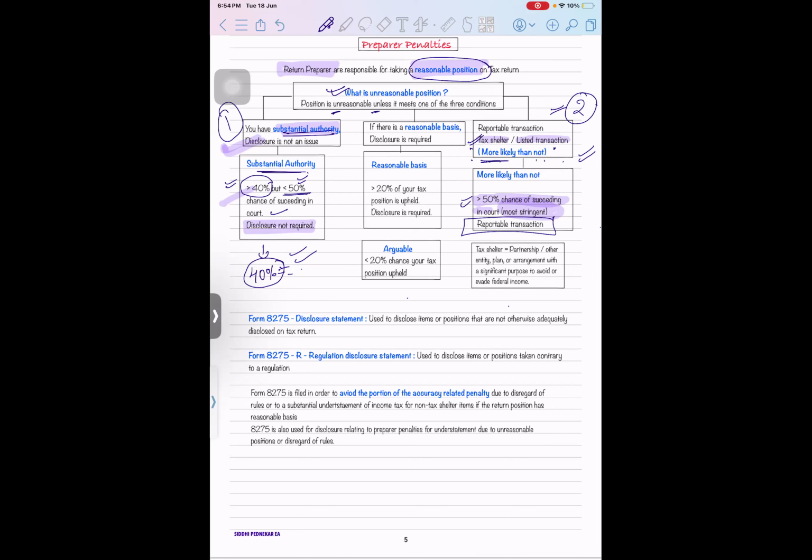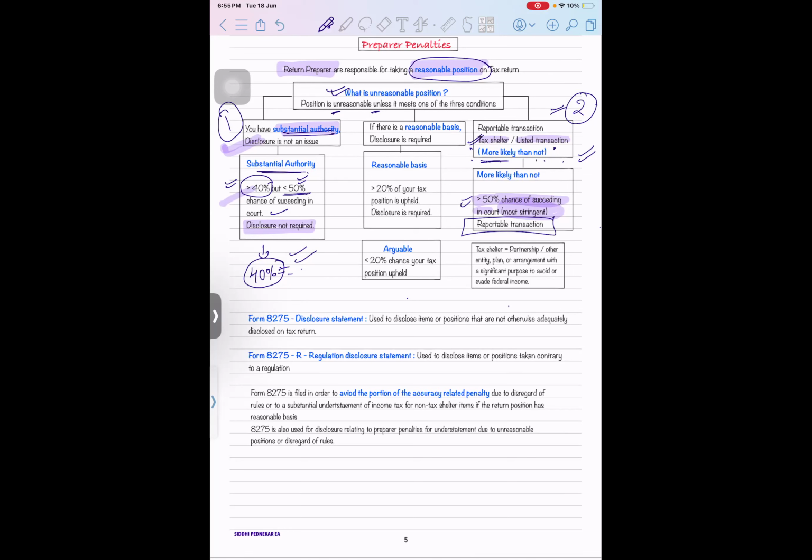Okay, there will be an MCQ based on these three things. So you need to remember, wherever there is substantial authority, there will be a 40% chance, or up to 50% chance that it will succeed. So you just need to disclose it to the IRS.